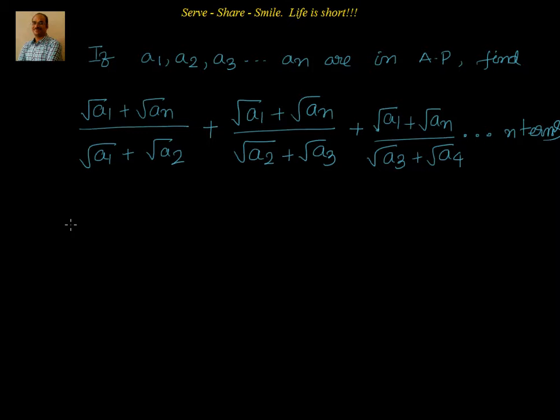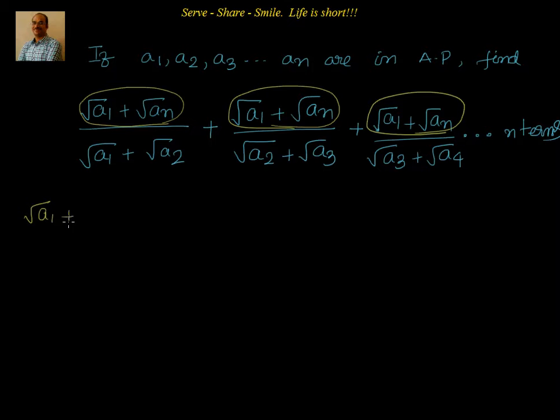Now, first thing we see is that the numerator is the same, so I can take it common. Another concept we'll be using is whenever there are square roots, we want to rationalize the denominator so that we can see if we can simplify the numerators and they cancel out. So two steps we'll do. First step, we will take root of a1 plus root of an common.